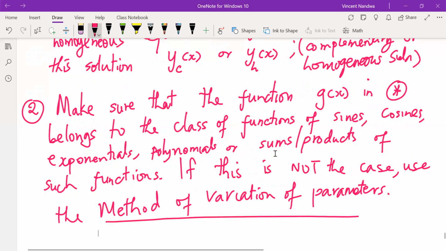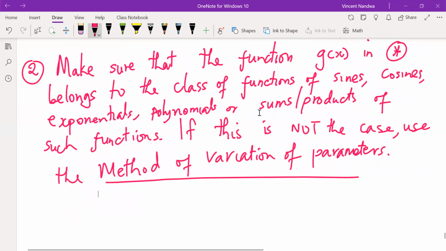Now let's assume that g of x is one of these possibilities of functions. Then that leads us to step 3.